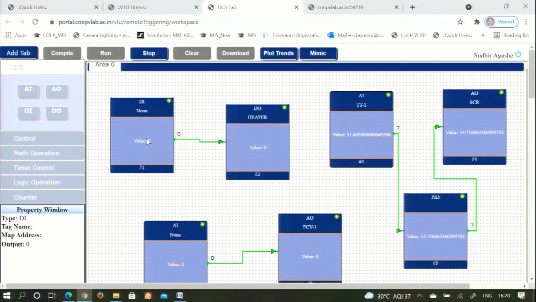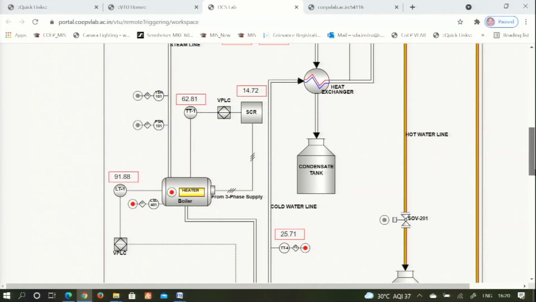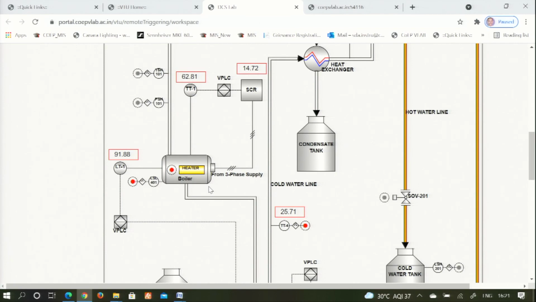Now what I am going to do is start this so that the temperature will start rising, and here you will find that the heater gets switched on. That red button has become green, it indicates that the temperature will start rising.